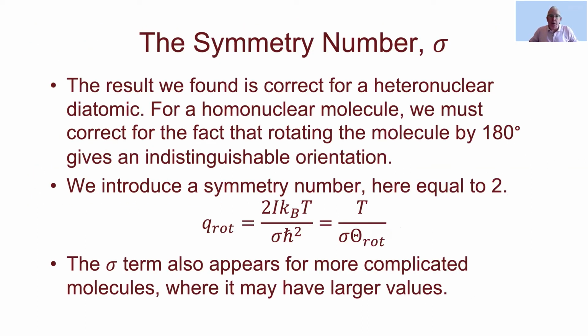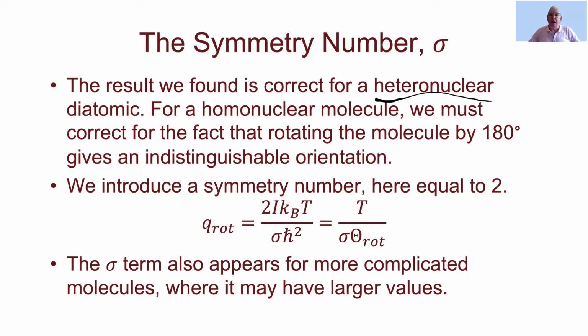We have one last point to add for the rotational partition function before we move to vibration. I started off deliberately with an example that was carbon monoxide, because in fancy language, that's a heteronuclear diatomic molecule. In simpler talk, that means the two ends are different atoms from each other.